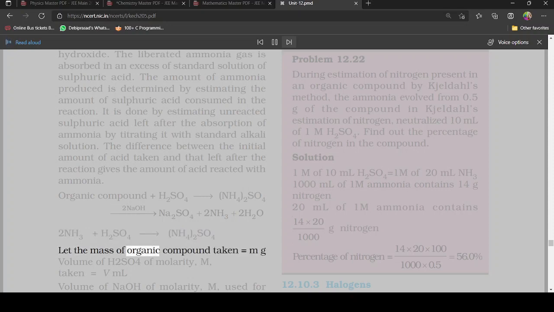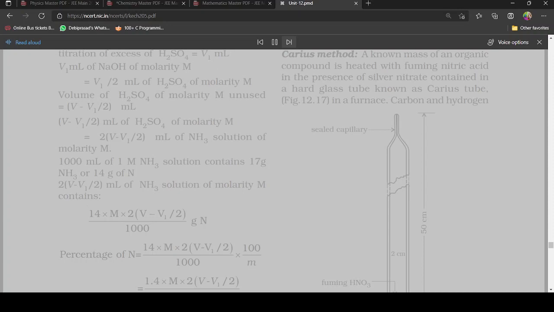Let the mass of organic compound taken be m g, volume of H2SO4 of molarity M taken be V ml, volume of NaOH of molarity M used for titration of excess of H2SO4 be V1 ml. V1 ml of NaOH of molarity M is equal to V1/2 ml of H2SO4 of molarity M. Volume of H2SO4 of molarity M unused is equal to V1/2 ml.